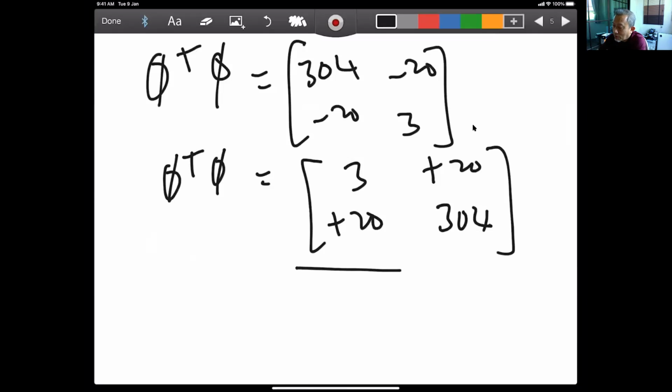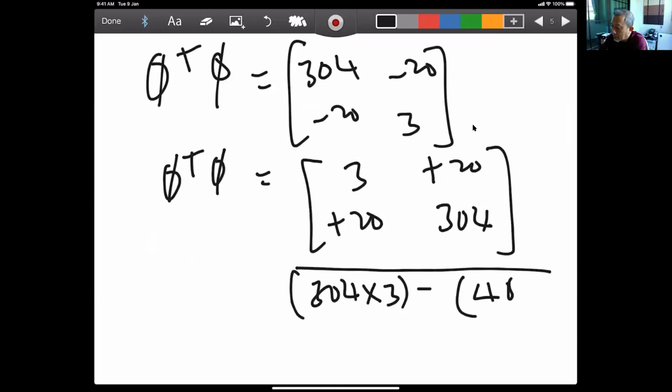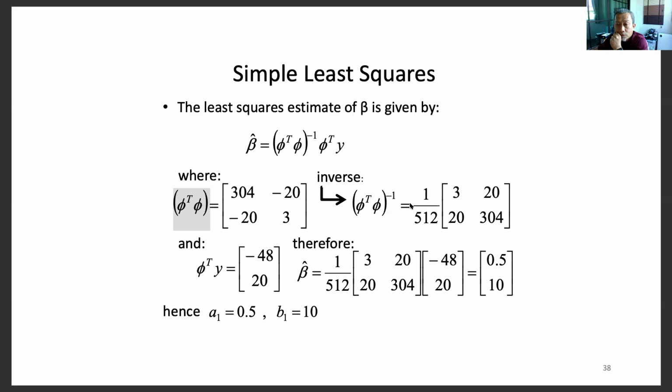Then the determinant is 3 times 4... multiplied by 3 minus 400, minus 20 is 400. Then you simplify, and you will get the value of the transpose is here.